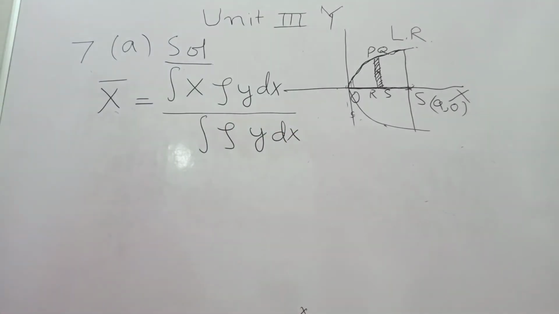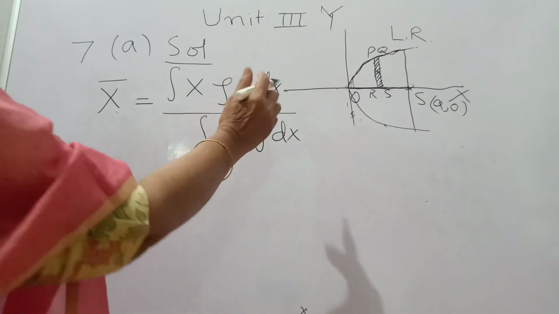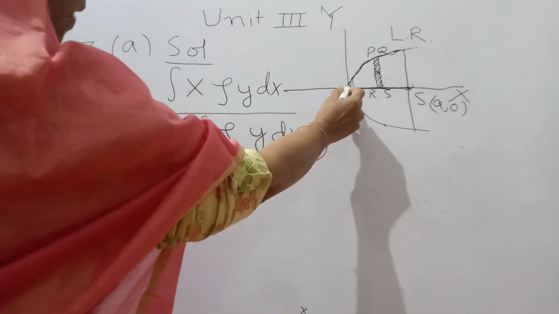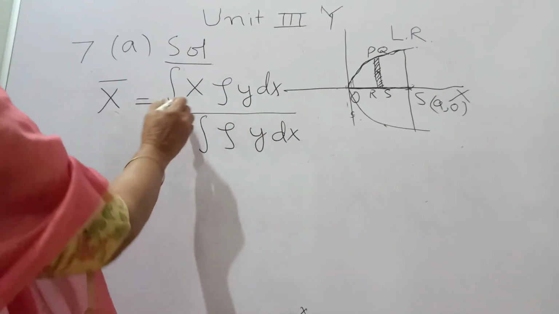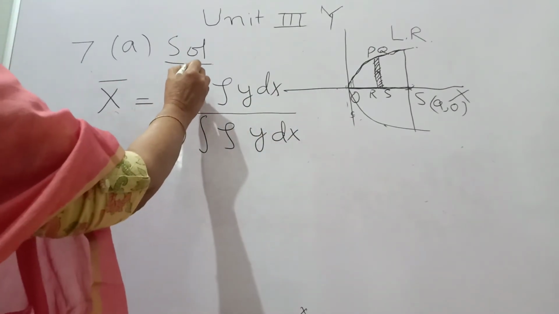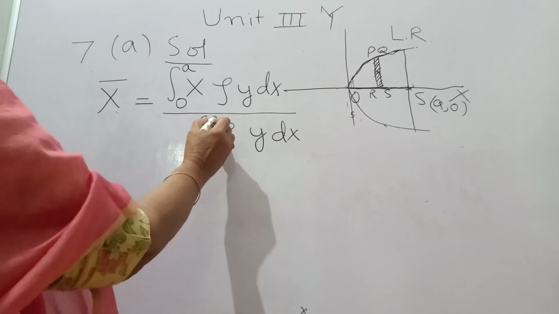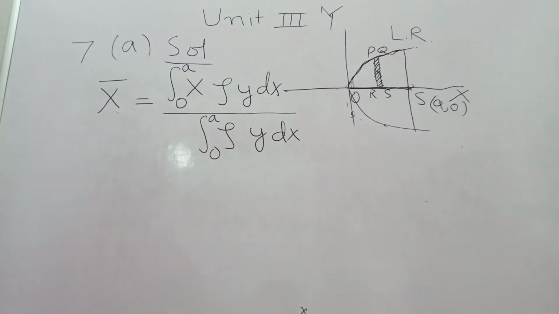Is it okay? Very simple. And within the limits, x varies from 0 to a, because this is the integration for x only. So the limits will be simply 0 to a. Now this is what you have to calculate.